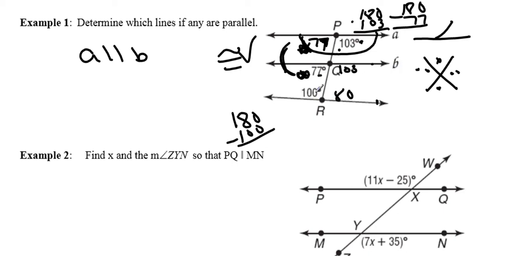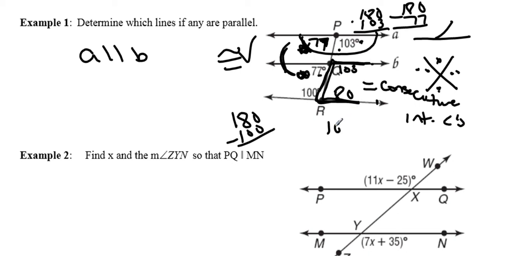Do I have any other parallel or angle relationships that are true based off of parallel lines? Well, I'm going to look right here where I have 103 and 80 degrees. Those are consecutive interior angles, and consecutive interior angles are supposed to be supplementary when the lines that form them are parallel.